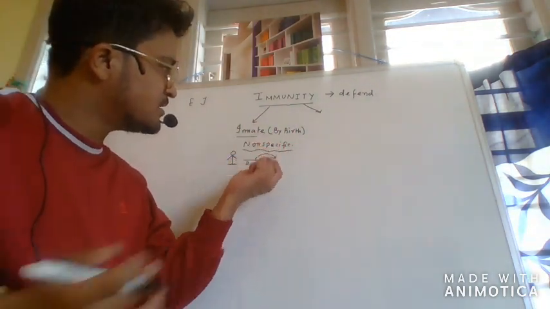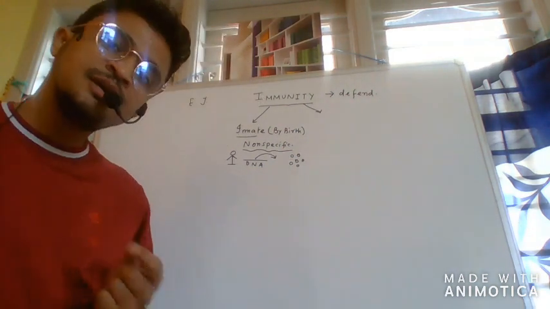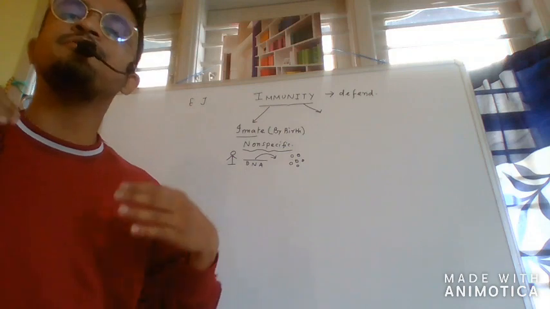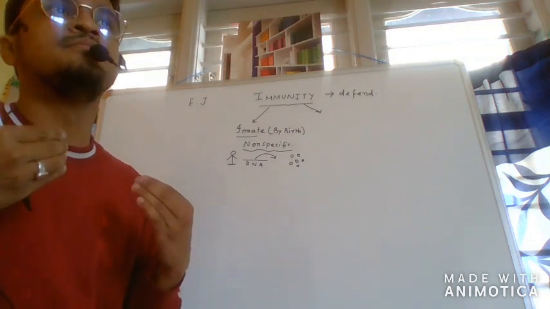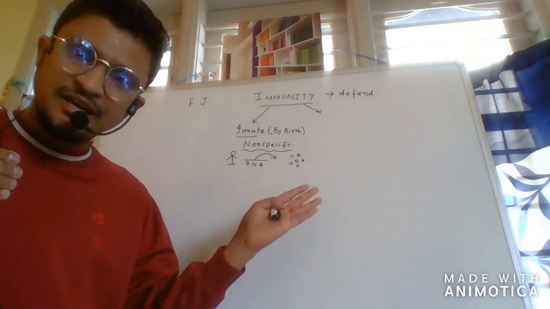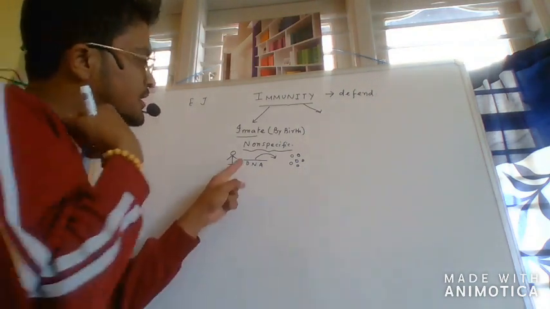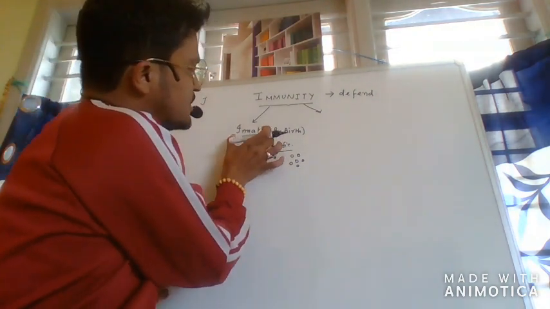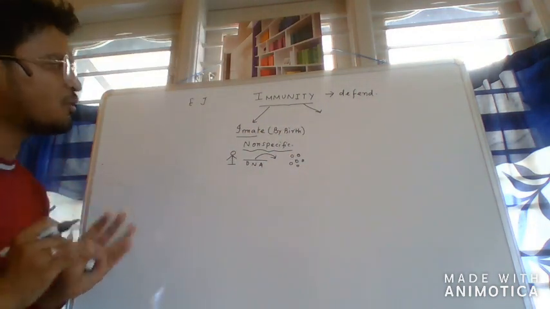But the pathogens are also under evolution, and they will create different mechanisms in the course of time, due to mutation. So the more you progress in the line of evolution, the viruses are getting potency to infect the host. That is why this non-specific innate immunity that we get by birth is not complete.